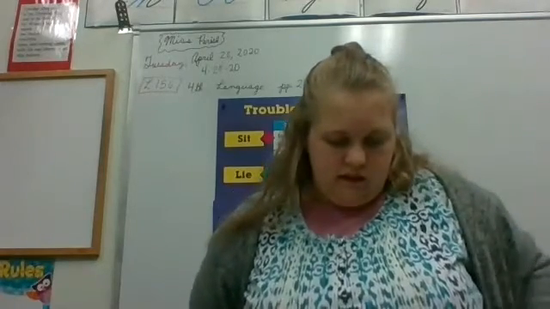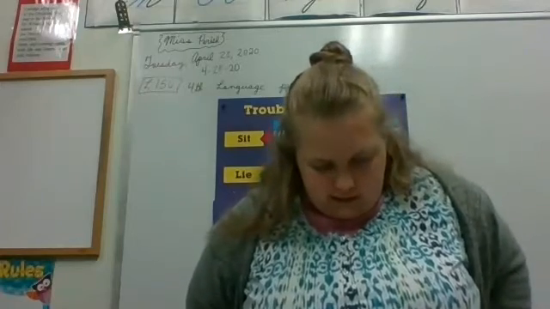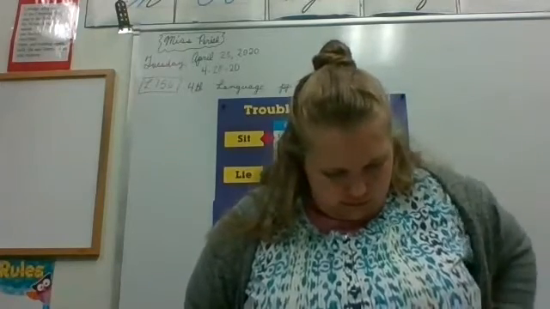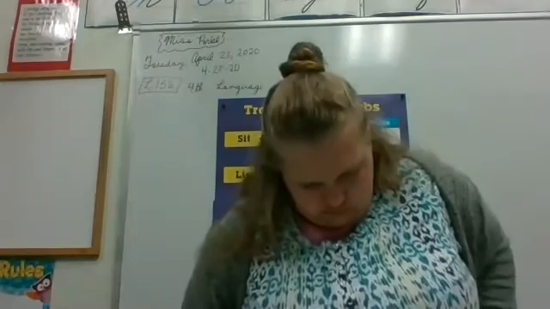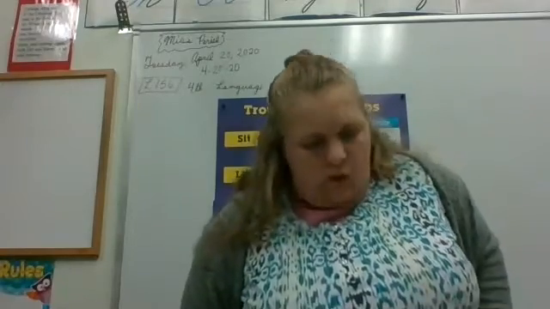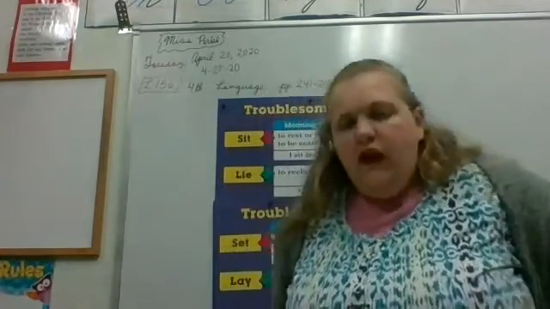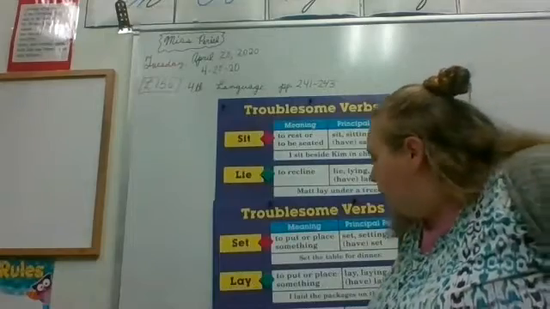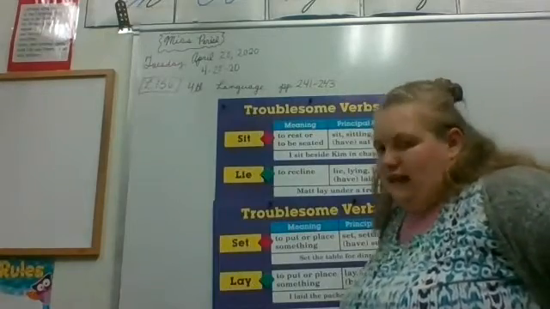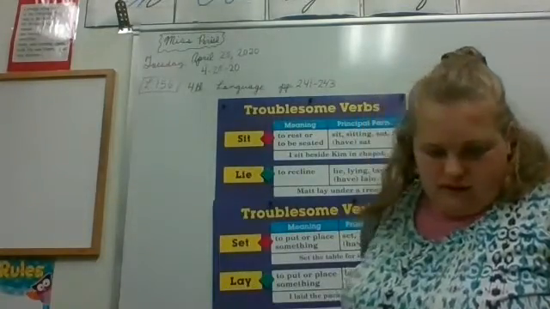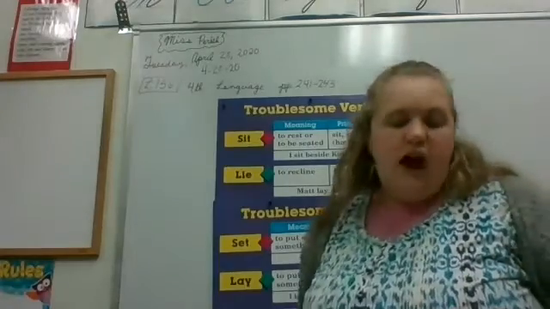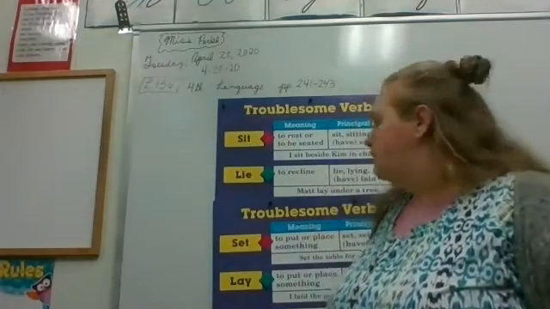All right. What is happening here, okay? Is something being put or placed, or is something reclining? Okay, and do you find an object that would be put or placed?